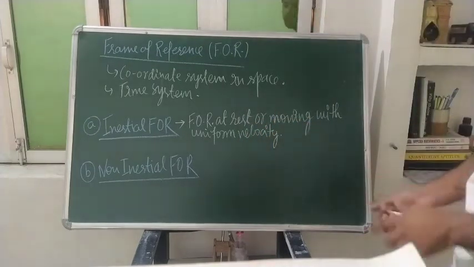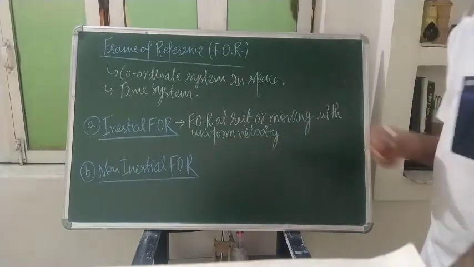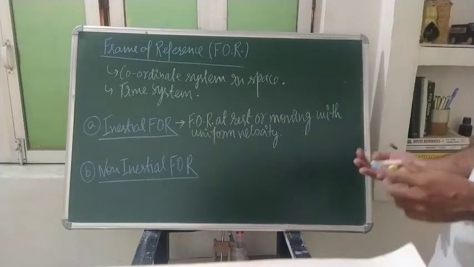So if a frame of reference is at rest or moving with uniform velocity, we will say it is our inertial frame of reference.